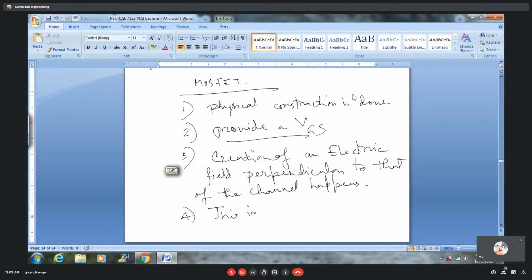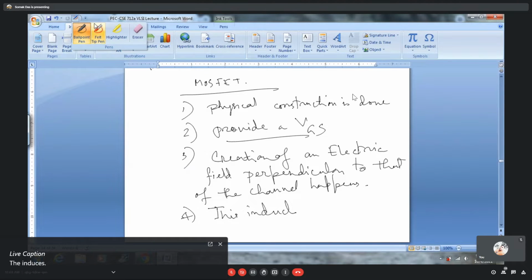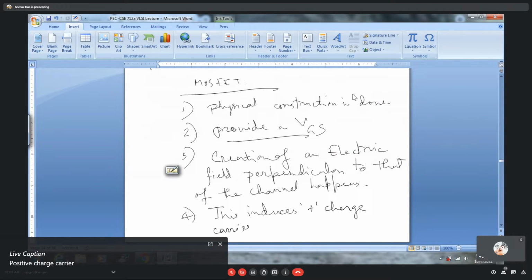This induces positive charge carriers within the channel.